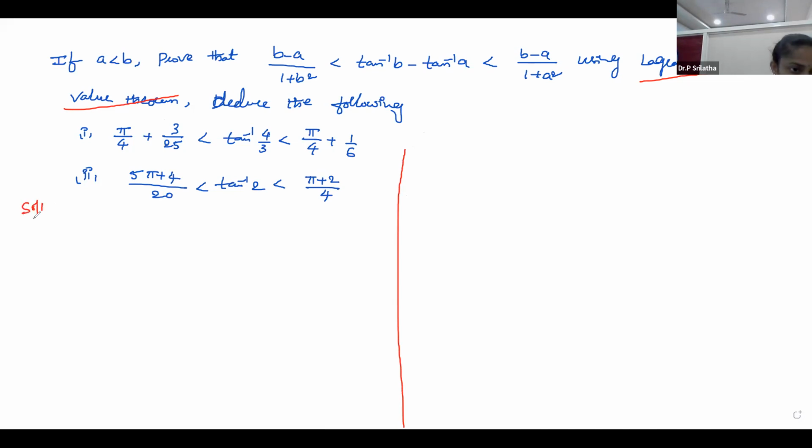Before that, what is the function? Can anyone tell me what is our f of x? Tan inverse b minus tan inverse a. What is our function?